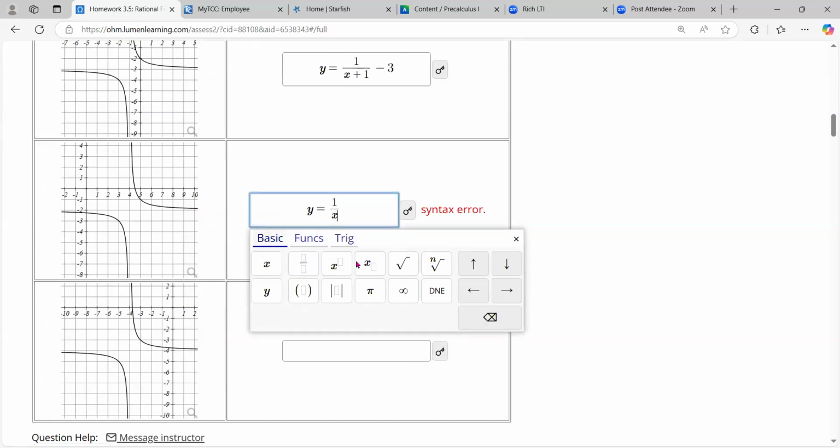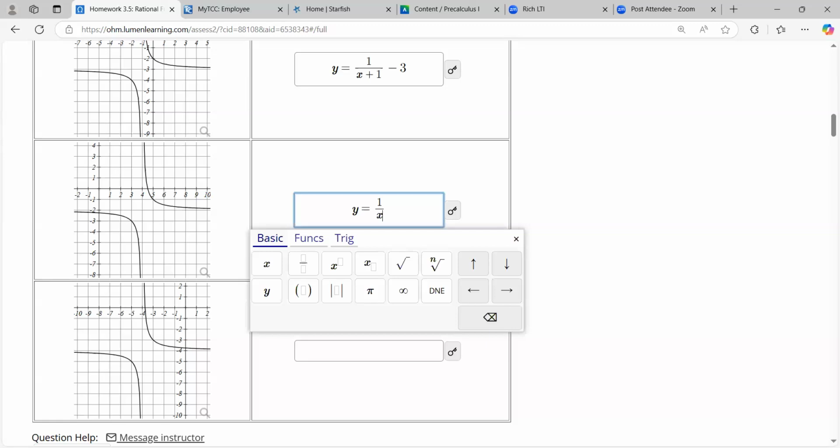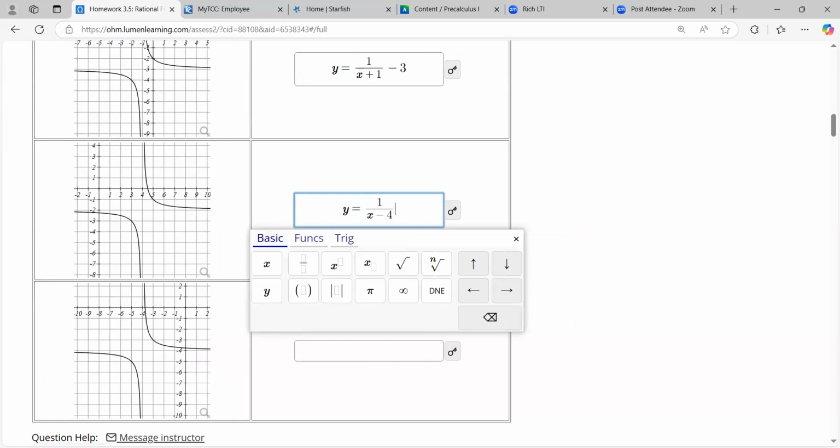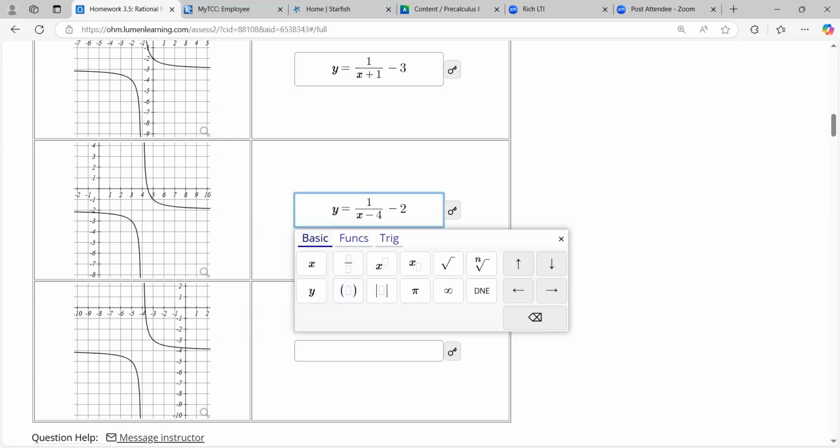But since we move the graph to the right 4 units, we have to subtract 4 from x, and shift it downwards 2 units, so we subtract 2, like that.